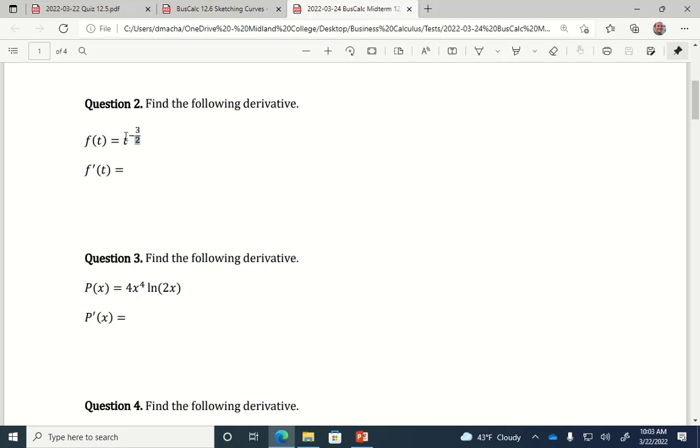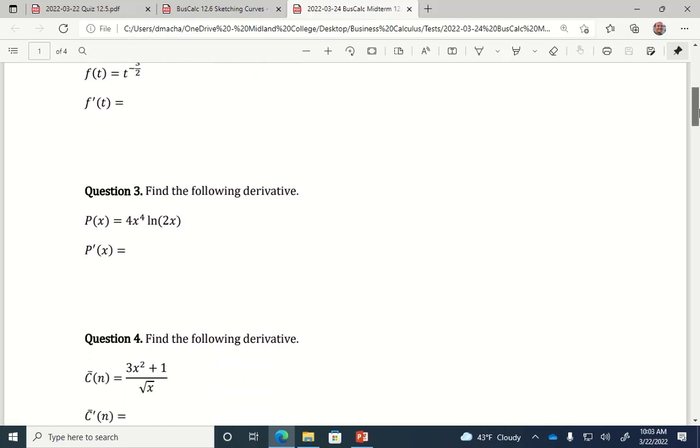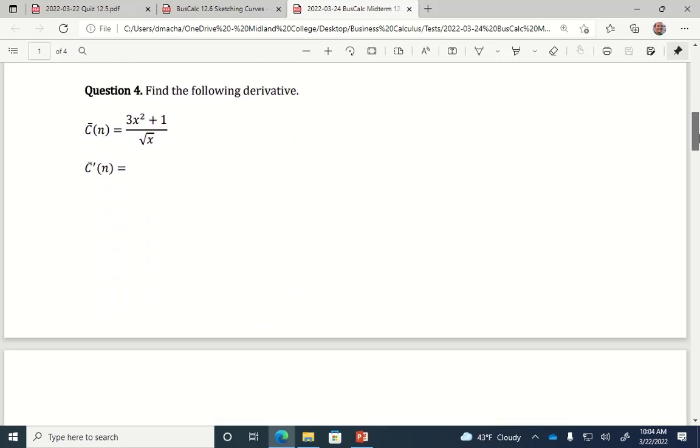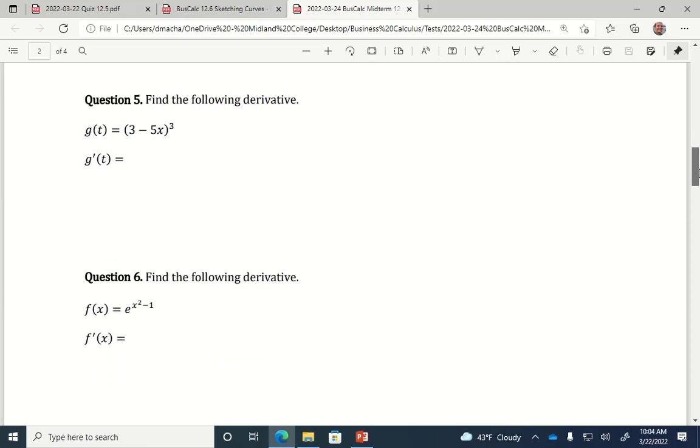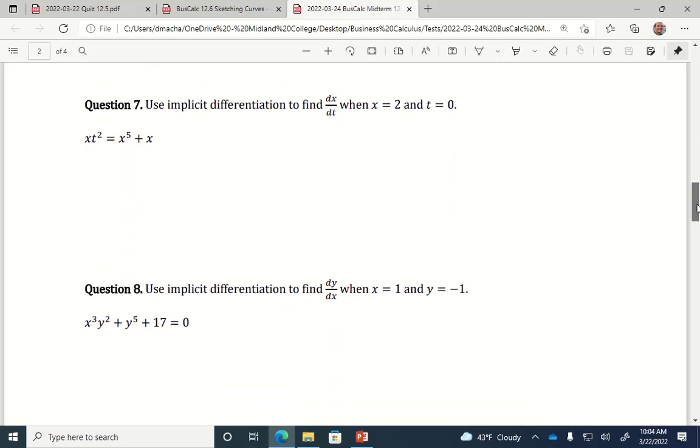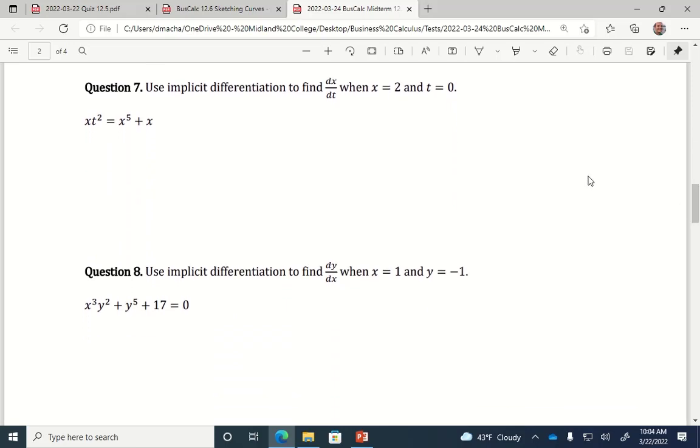And then you might have some power function that has a fraction or a rational exponent. And then you might have some product rule. You might have some quotient rule. You might have some chain rule derivatives. Then you'll have two implicit differentiation questions, and they might look something like this.